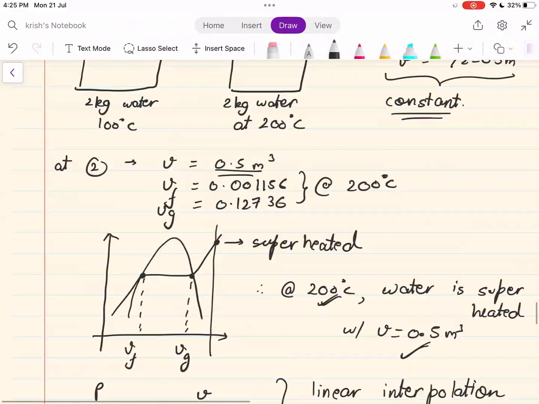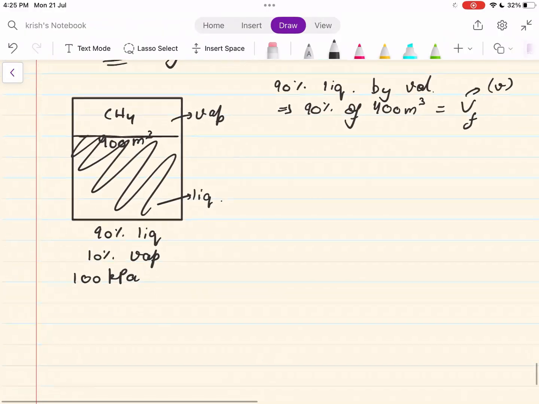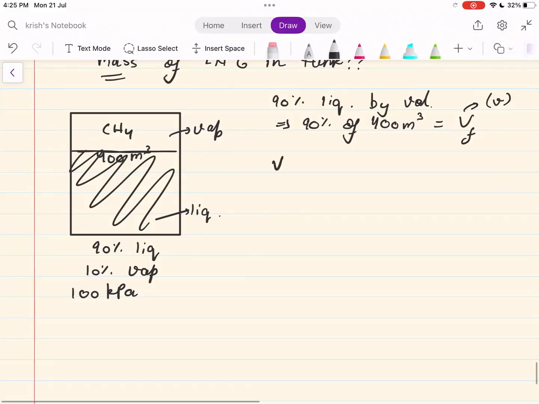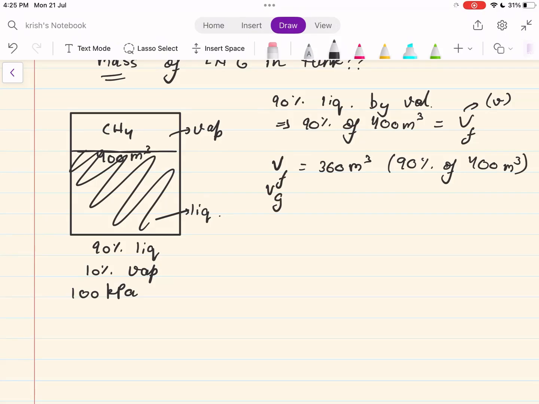So capital Vf equals 360 meter cube, or 90% of 400 meter cube, and capital Vg, the volume of the vapor, is the remaining 10%, which is 40 meter cube.